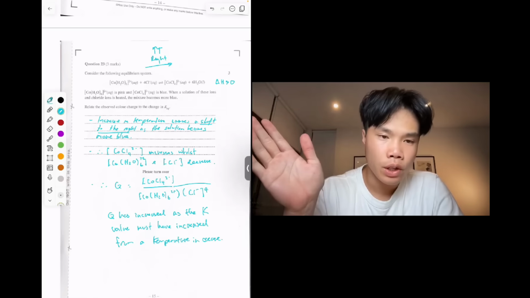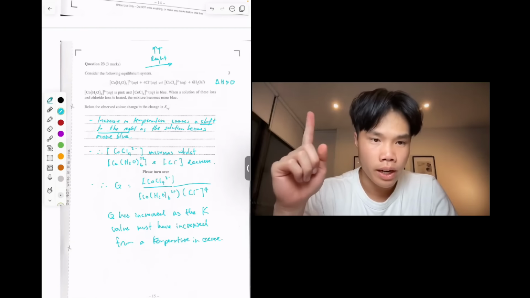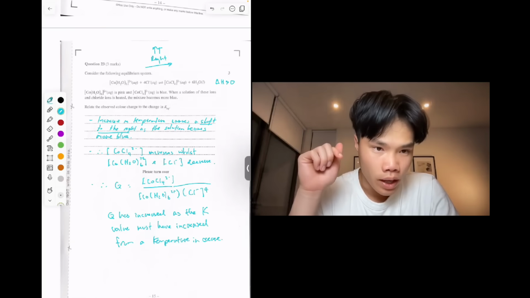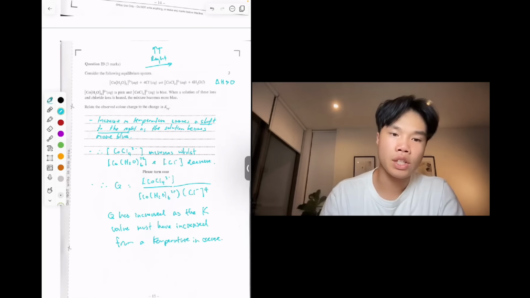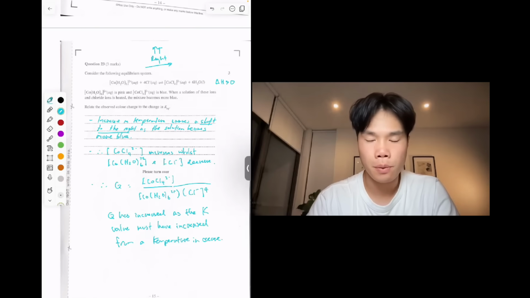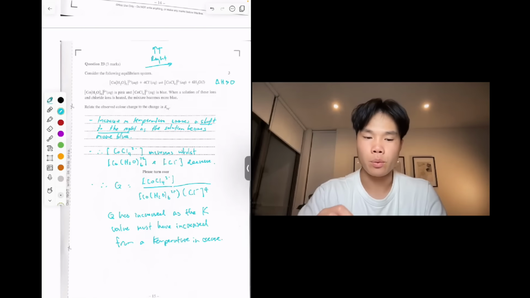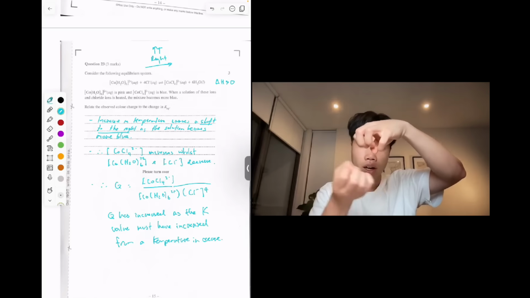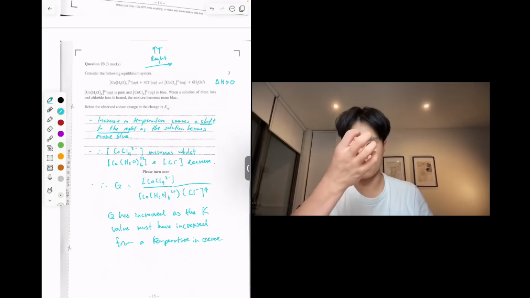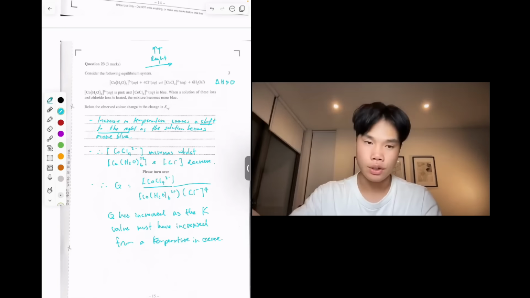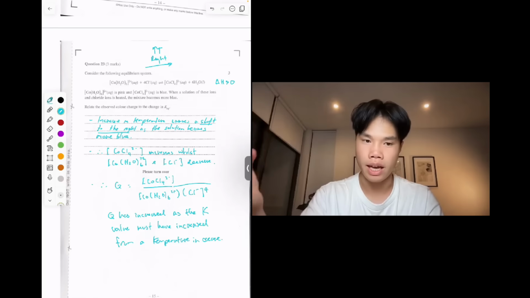shift to the right, concentration of CoCl4 went up, and Co(H2O)6 and Cl- go down. Therefore, it means that your Q had to have increased. And as we know, temperature change only affects K. And once the K has changed to a higher value, your Q will slowly move back to your K, which means your Q increases. And as we see here, your Q is increasing, which signifies your K has to have increased.